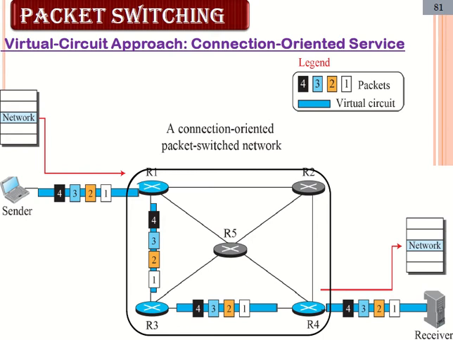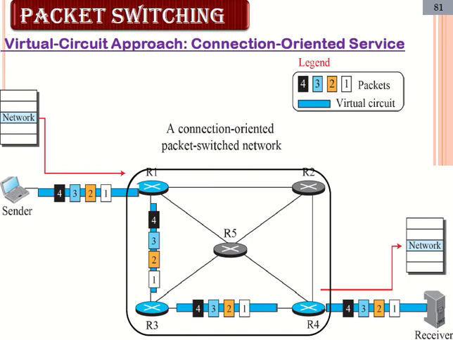You can see here I have taken the same diagram which I used for the explanation of the datagram approach. There is a movement of flow. This has multiple paths like R1, R2, R4, or R1, R4 through R5, or R1, R3, R4. So you have multiple options to reach the destination. This we have seen in the datagram approach.